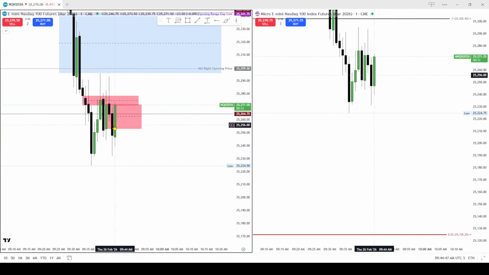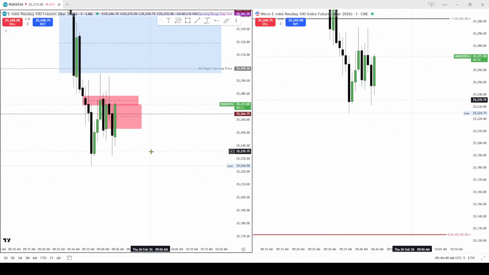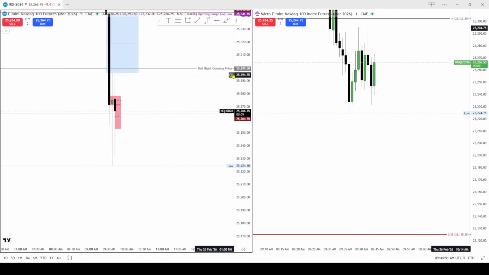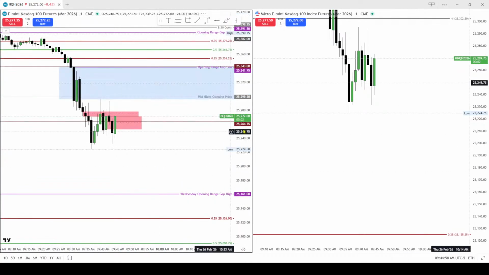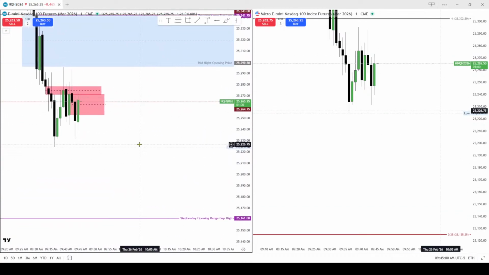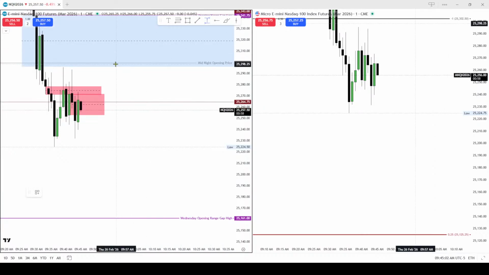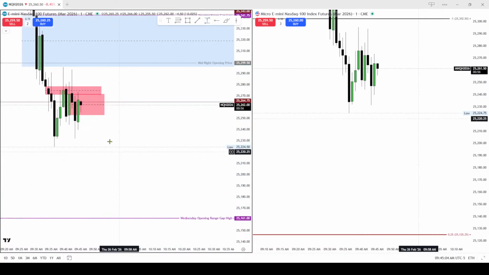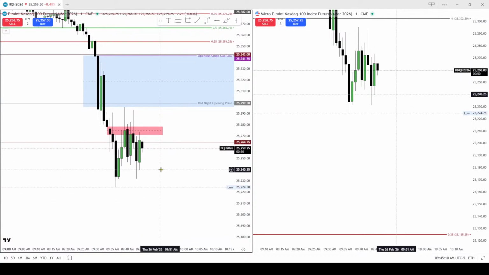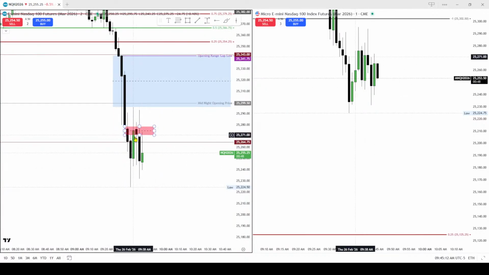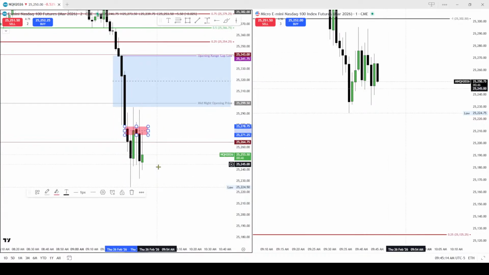But first looking to see if they want to take price again into this 5-minute fair value gap here, to use as a catalyst to send price to the downside. But price is still banging around this 2-minute fair value gap right here.